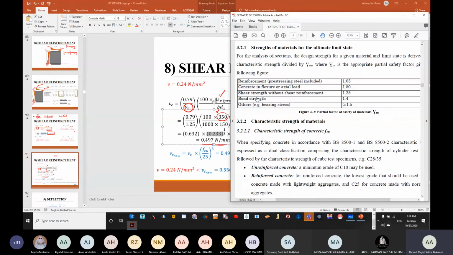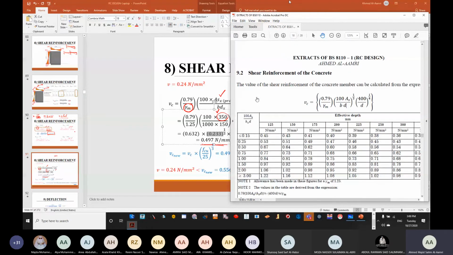For concrete, 1.5. If you remember, we have used these in the Excel. Shear strength without shear reinforcement is 1.25. So you can get it either from here or from there. Are we okay? It's a fixed value for all the cases. It will never change. Are we clear?